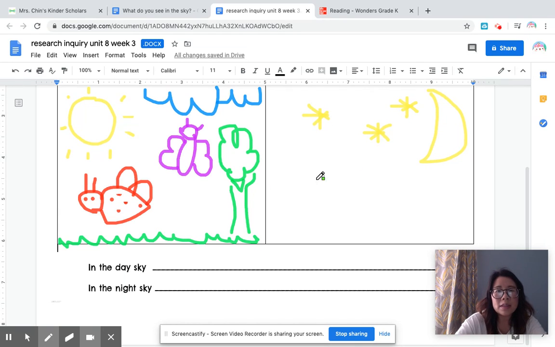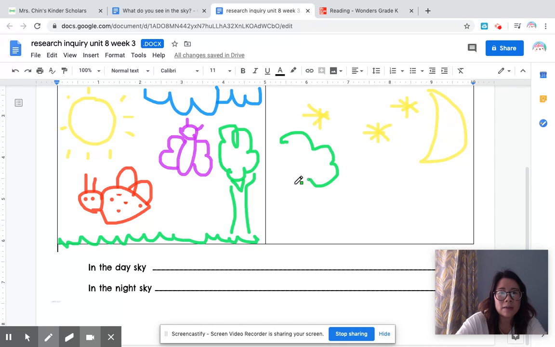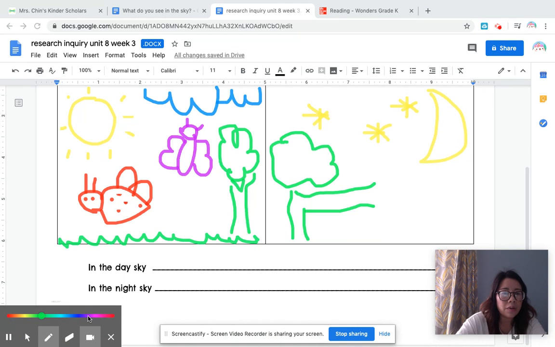Now on the opposite side, I want to go back and add some details to show what I would see at the night sky. So in the night sky, maybe again, I would draw like a tree and a long branch. And what would be sitting on that branch? Can you guess what I might draw? Oh, you are right.